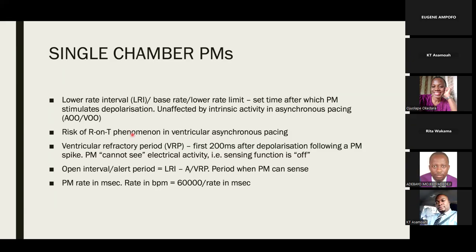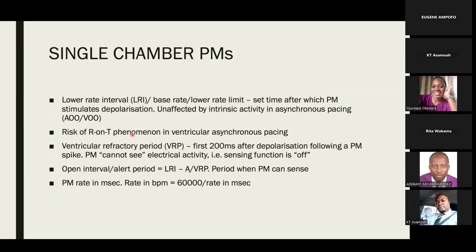If you want a rate of 60 beats per minute, then it's 60,000 divided by 1,000 milliseconds. So that means your lower rate interval will be 1,000 milliseconds. If you want a rate of 120 beats per minute, then your lower rate interval is going to be 500 milliseconds because 60,000 divided by 500 will give you 120. And that's how it works.